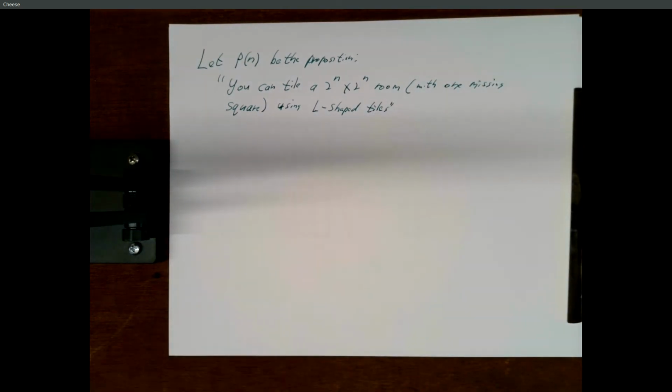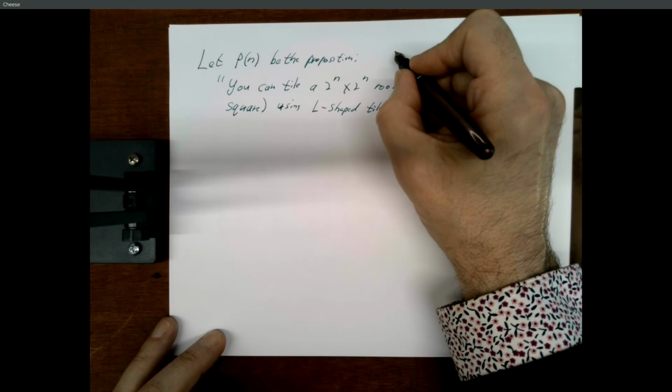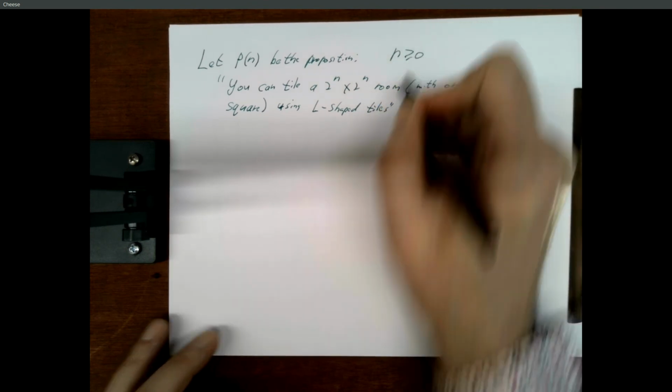Propositions don't have to be mathematical. Well, we got 2 to the n's in there, but we'll talk about postage stamps, we'll talk about unicorns, we'll talk about all kinds of propositions in here. So P of n is the proposition that you can tile a 2 to the n by 2 to the n room using L-shaped tiles. And this only makes sense if n is bigger than or equal to 0.